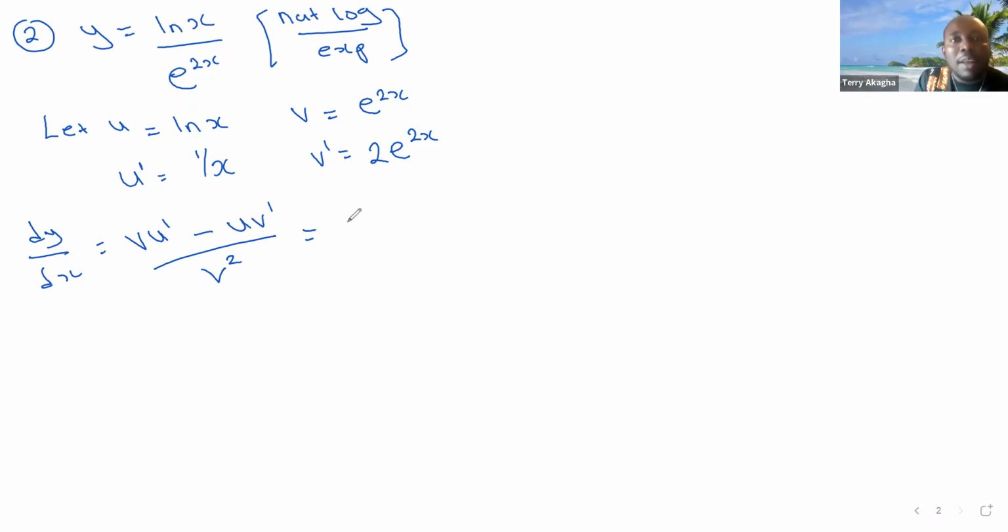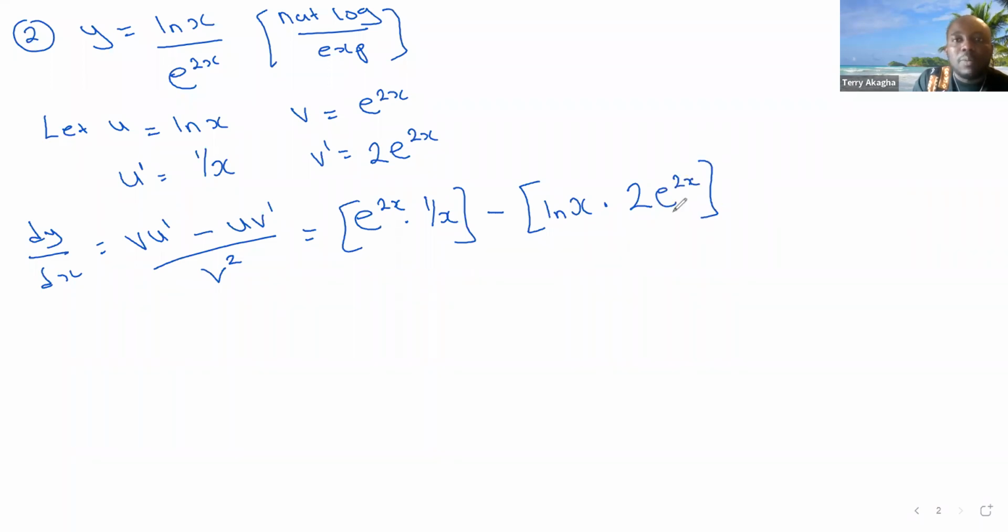So the v is going to give you exponential 2x multiplied by 1 over x, minus the u, which is ln x, multiplied by the v prime, which is 2e to the 2x, divided by the v, exponential 2x, all squared. All right. So I can further solve this. Exponential 2x is common in both of them.